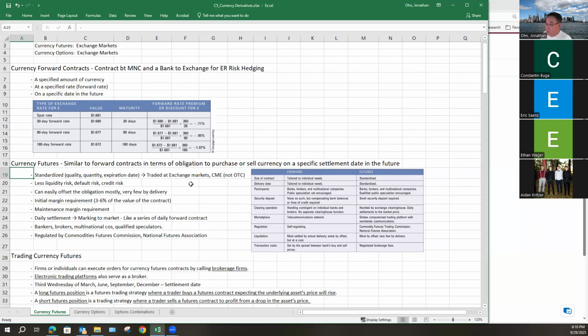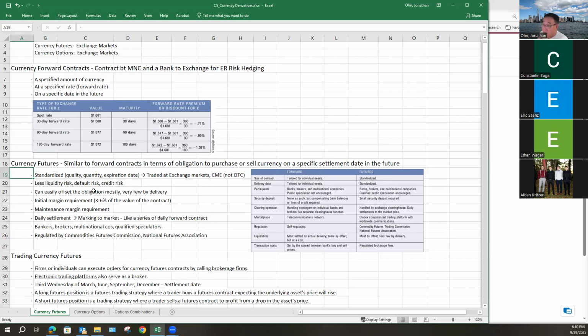And because of this standardization, these futures contracts are traded on an exchange market, primarily the Chicago Mercantile Exchange or Philadelphia. So it is not on the over-the-counter market, right?